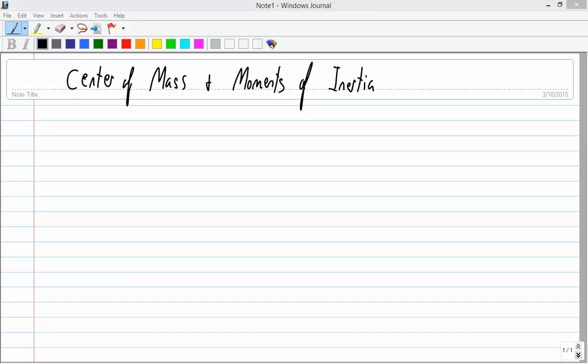So in 7.6, it was discussed that several applications of integration involving a lamina of a constant density rho can be covered.